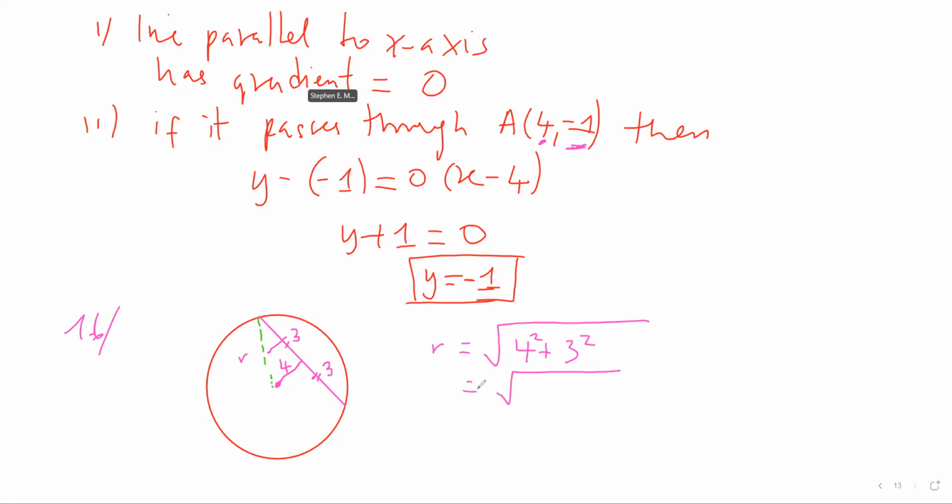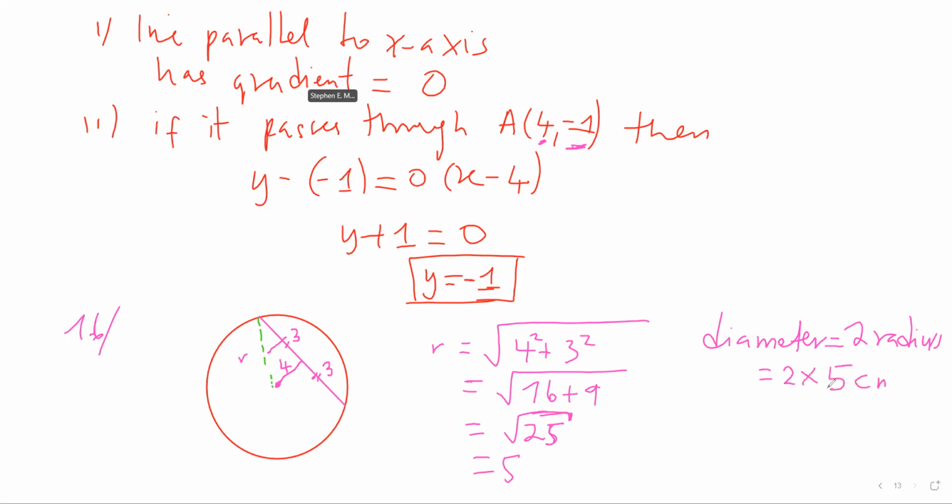This is equal to 16 plus 9, which is equal to 25, which is equal to 5. The diameter is 2 times the radius, which is 2 times 5 centimeters, which is equal to 10 centimeters.